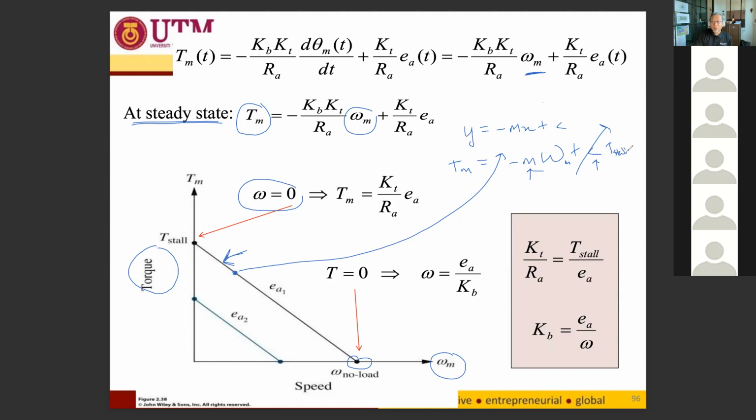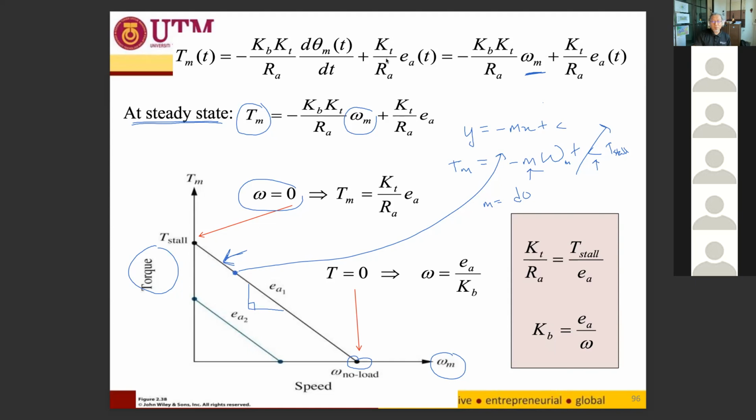T stall is not move. I mean, the shaft is not moving, static. Okay. m is gradient. M apa? What is m? m is gradient, EA over omega maybe, I think.